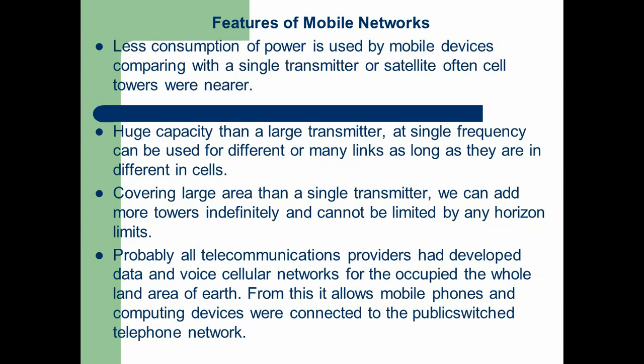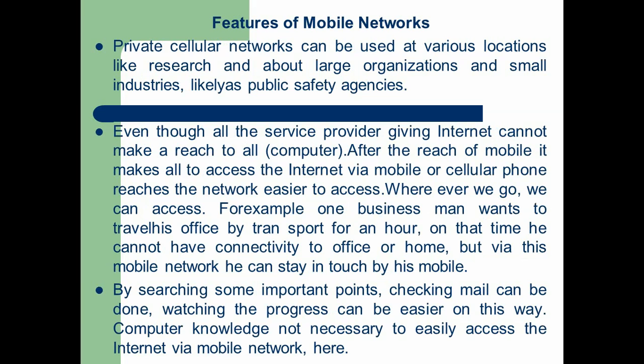Next, all telecommunication providers have developed data and voice cellular networks occupying the whole land area of the earth. This allows mobile phones and computing devices to be connected to the public telephone network. Next, private cellular networks can be used at various locations like research and large organizations and small industries such as public safety agencies.